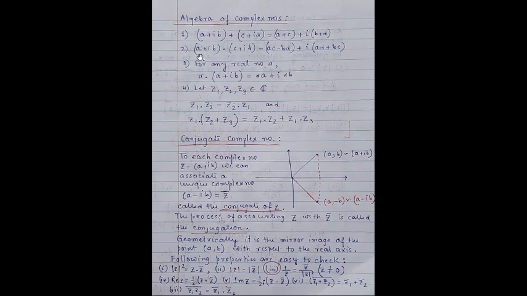If you multiply a plus ib with c plus id, then you get ac minus bd, because b into d into i square is minus 1, so ac minus bd plus i into ad plus bc. All right, so this is the addition and multiplication thing.